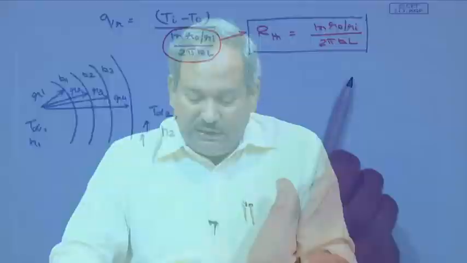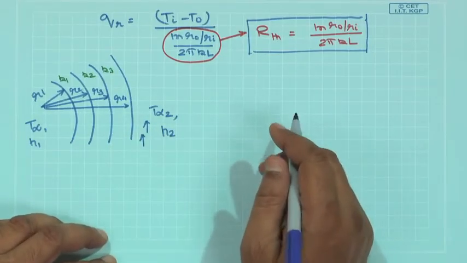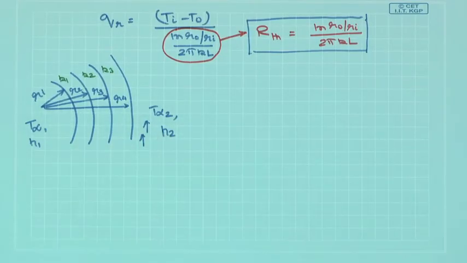So under such circumstances, what you get is the picture that I have drawn, where you have a composite wall with some convection coefficient on the inside, and a different convection coefficient on the outside, probably provided by the ambient air which flows over the lagged pipe. So what would happen in such a case is depicted here, and I am simply going to write the form of the final equation.